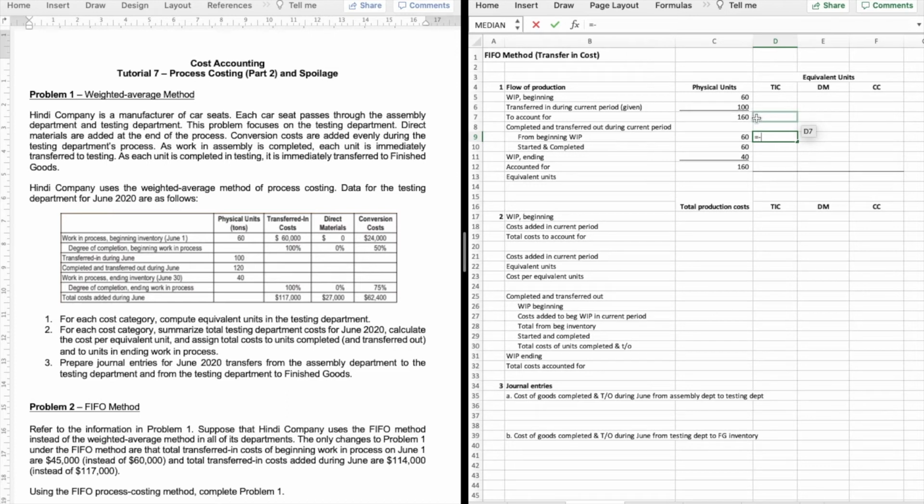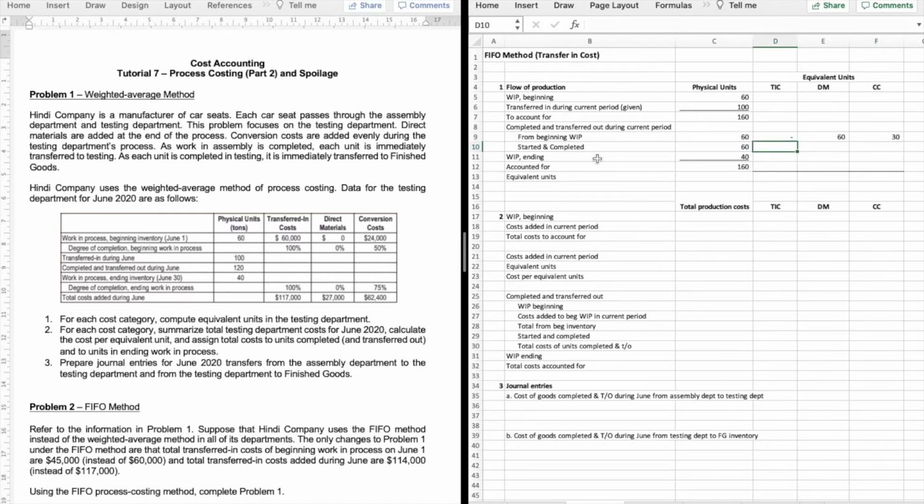That is 0% times the physical units. And for the direct materials, since in the information it is 0%, therefore we calculate here 100% times the physical unit. And for the conversion cost, the rest of the 50% is also 50% times the physical units.